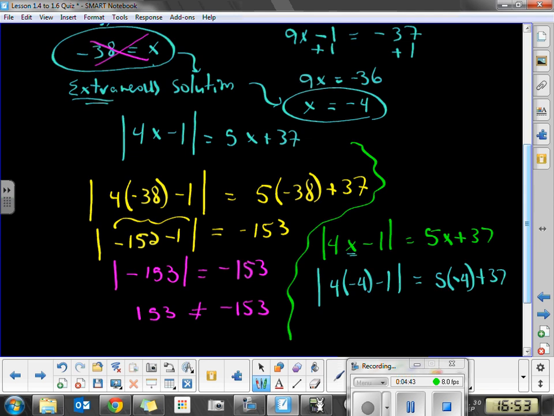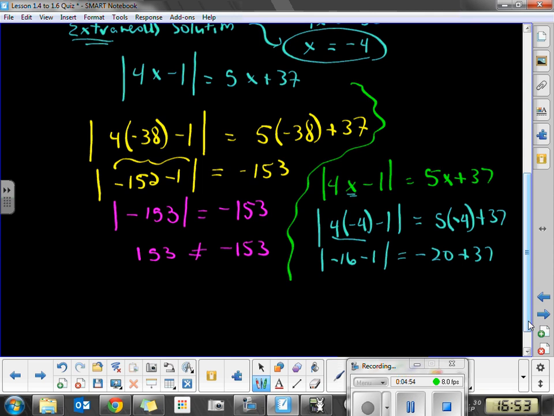Inside my absolute value, I've got negative 16 minus 1, absolute value. Is that equal to, over here I got negative 20 plus 37. So the absolute value of this is negative 17, and over here, if I add these, I get a positive 17. The absolute value of negative 17 is 17, and that is equal to 17, so that one checks.